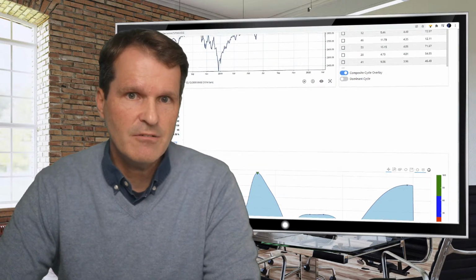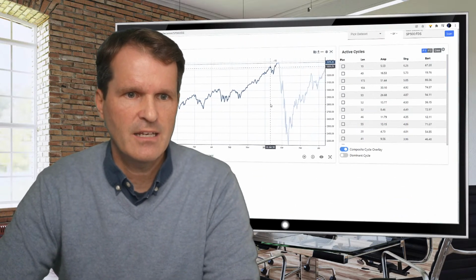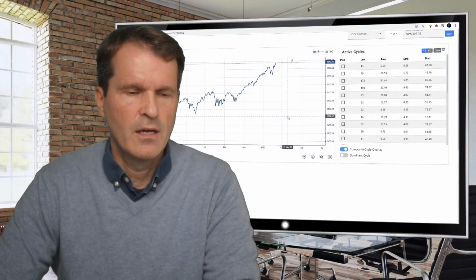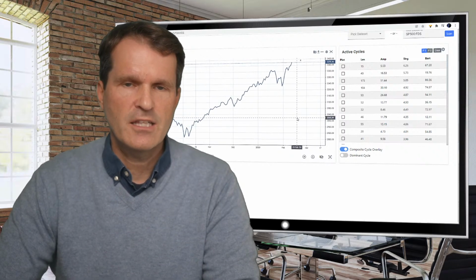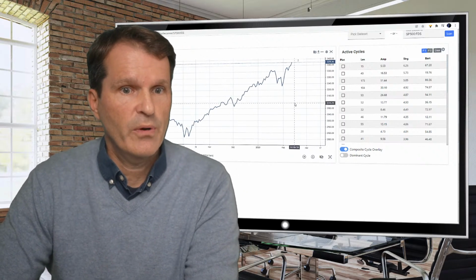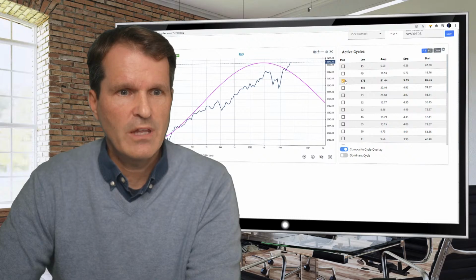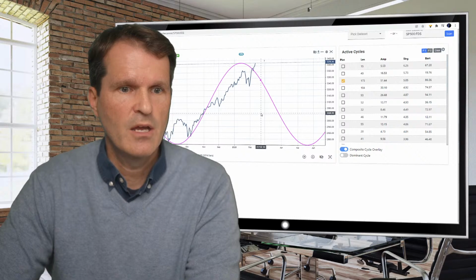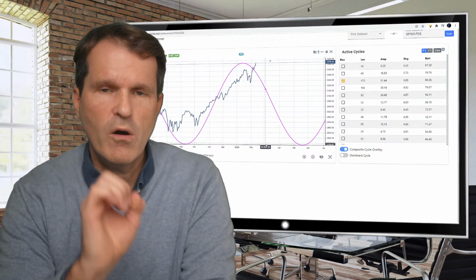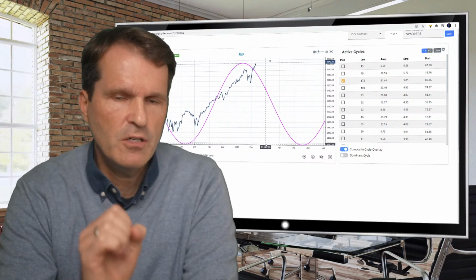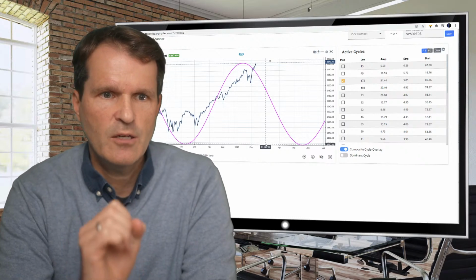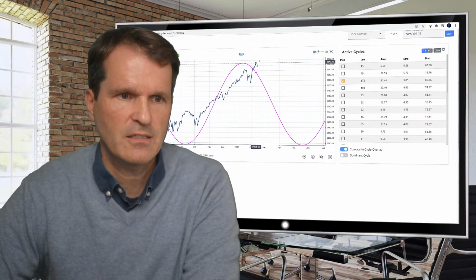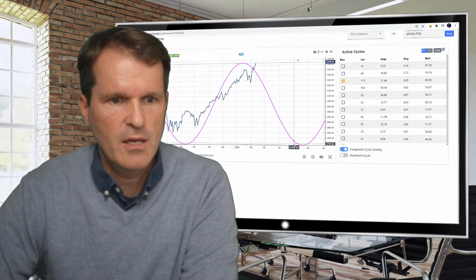So this is a real active cycle in the market. And I can even hide this data set. So this is how it would look like at this point in time. And if I now overlay the 173 days cycle at this point in time, we have been warned in February of the year 2020 that we should expect, from a timing perspective, a major high in the markets, with a downswing into May.